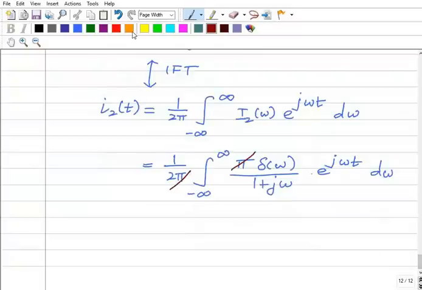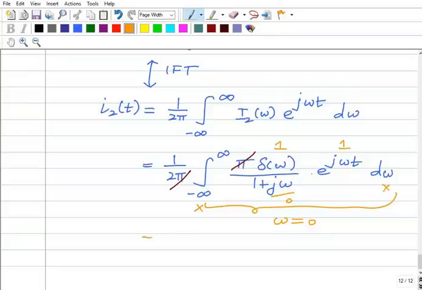So at omega equal to 0 this is 1, right? No need of integration, no need of this d omega. When I substitute omega equal to 0, this term becomes 0, e power 0 is also 1. So you will get just 1 by 2. Is it right?